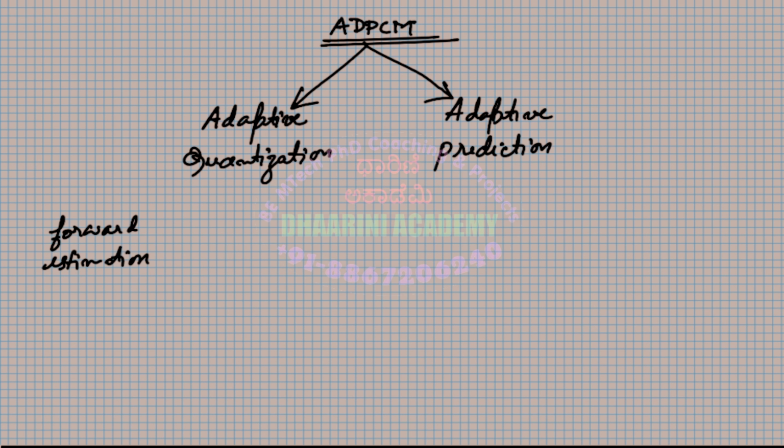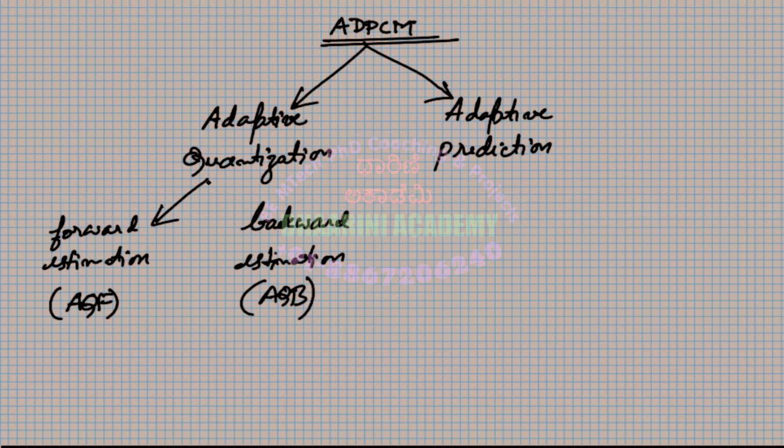In the textbooks, you may find a short form for this, that is adaptive quantization forward, AQF. When you have a forward, we know that we can have the reverse also, that is called a backward. So this is the backward estimation, normally denoted as AQB in the textbooks.